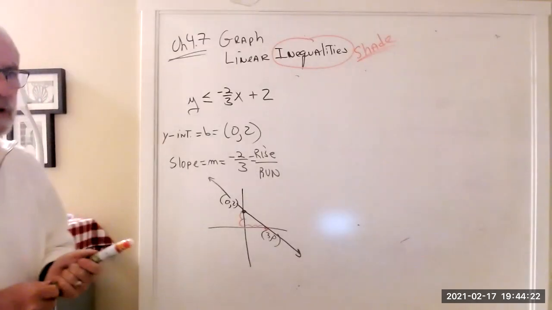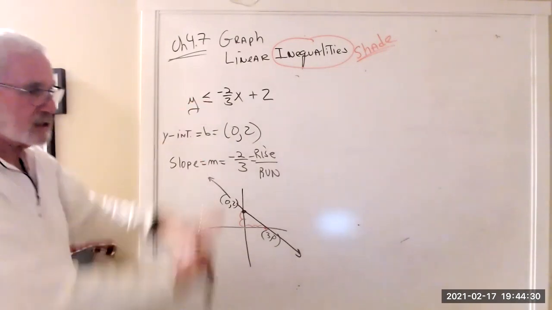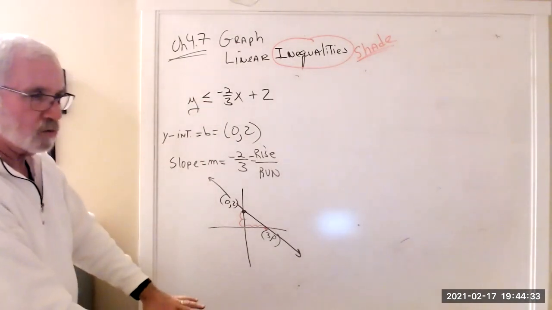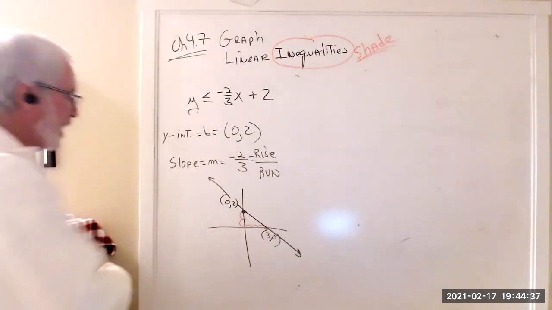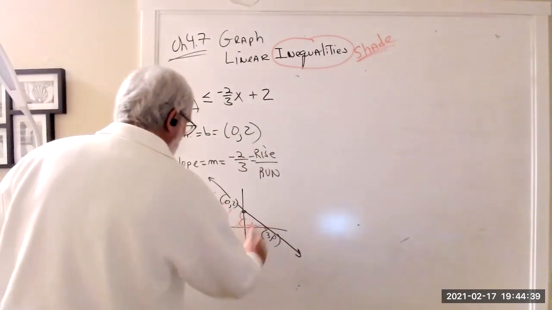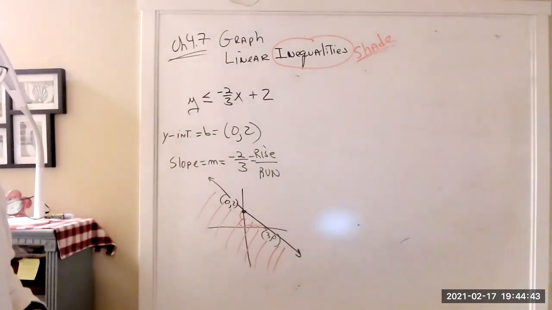Can I use the shortcut on this particular problem? Yes. I'm looking at less than. Less than means below this line. So I would shade like this and be done because I use the shortcut.